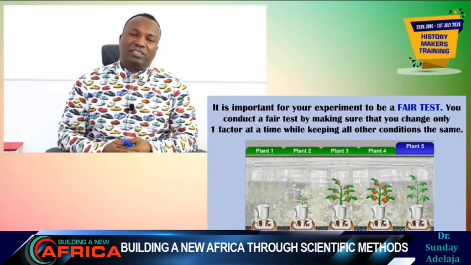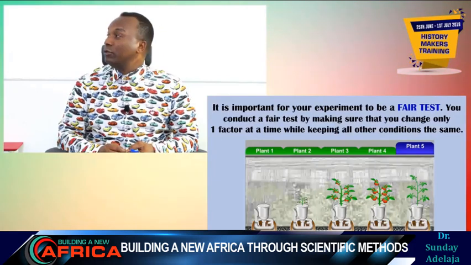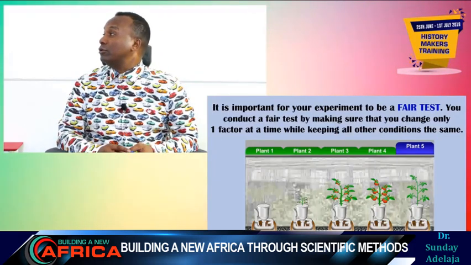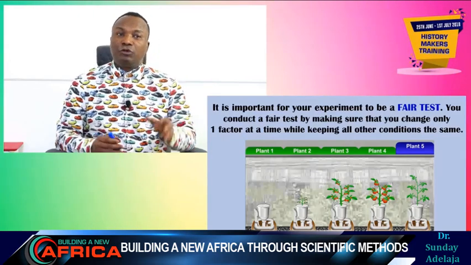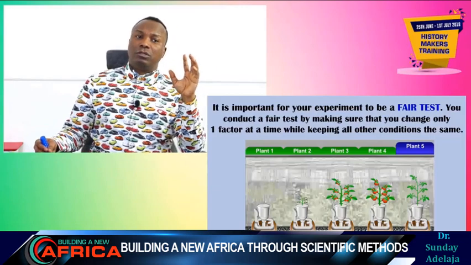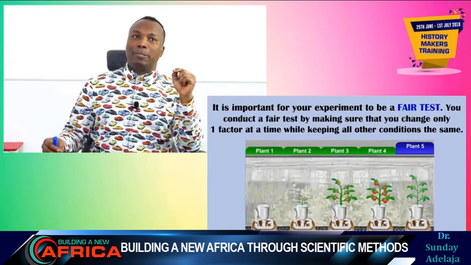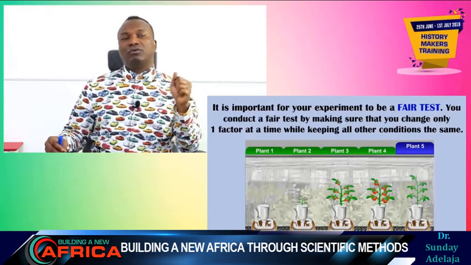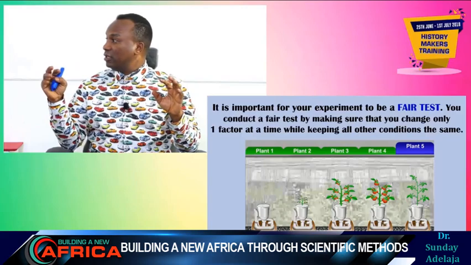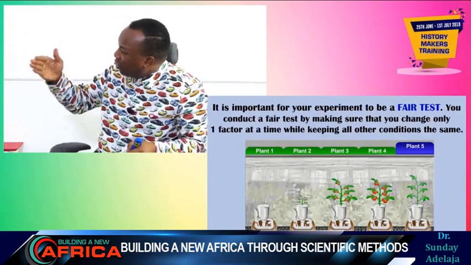Something like, for example, let's talk about that same Fulani killing. If you just assume that they want to Islamize Nigeria, or these are herdsmen killing, something like that, you have to tell me, have you seen every other factor?